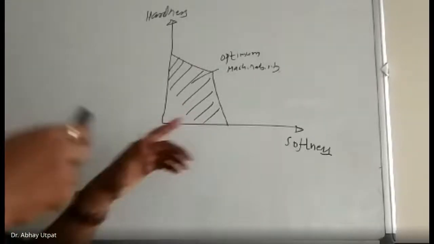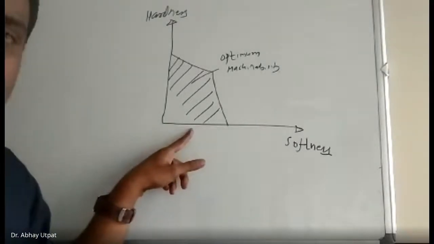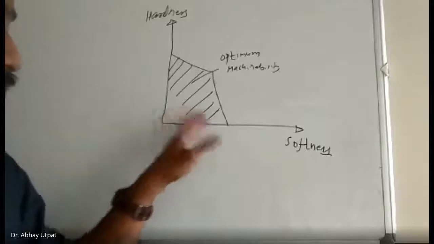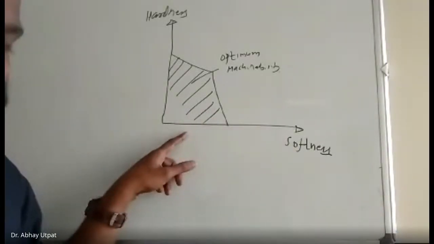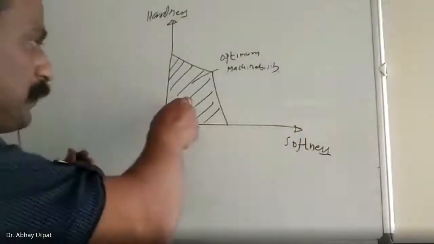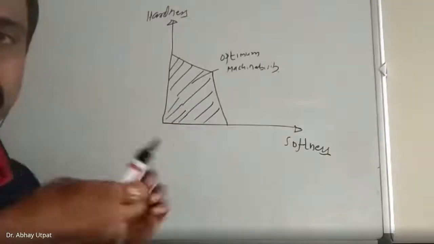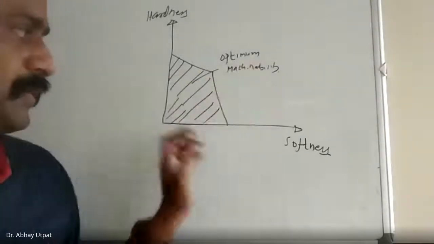If you are on this side, your softness is less. Hello, am I audible? So if you are at this left side, means softness is less, means optimum machinability.